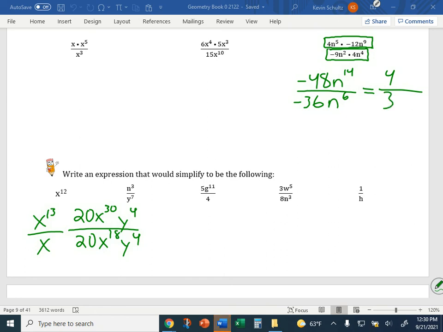And then how many n's do we have left and where are they? Joey? There's going to be 8 n's left and they'll be on the top. Yep, because that's where we have more n's to start with. Okay, so 4n to the 8th over 3 will be your final answer.